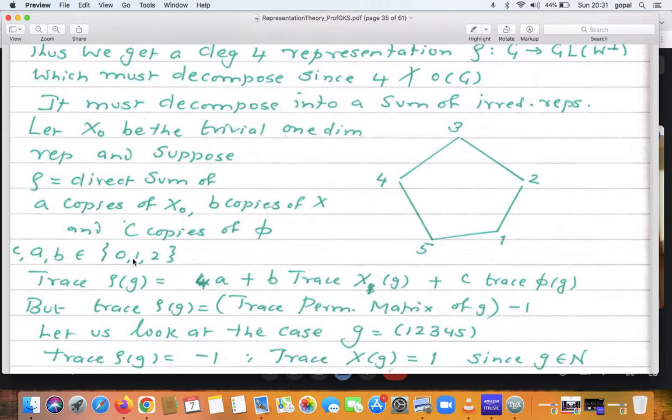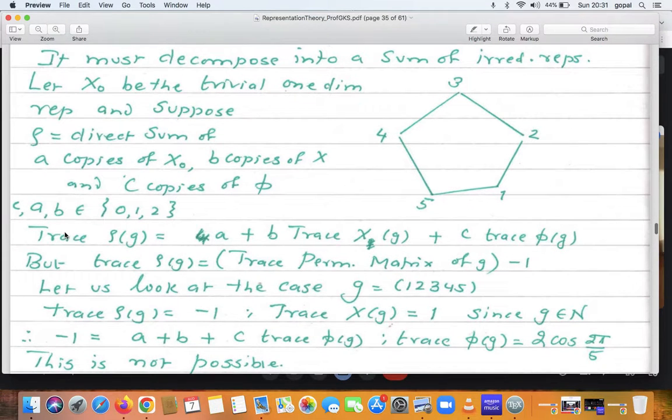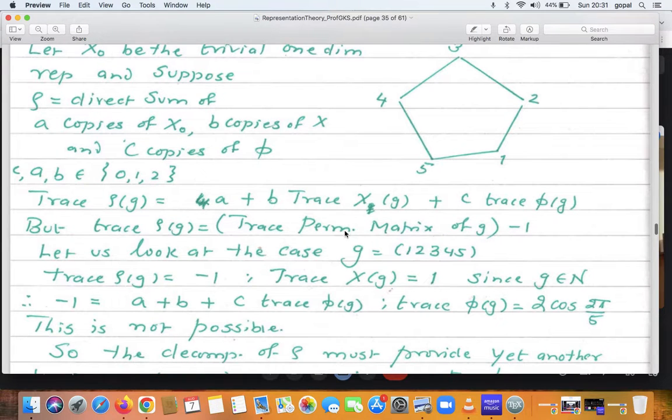A, B, C can be 0, 1, or 2 because the dimensions have to add up. Now you calculate the trace of rho(g): A times the trace of chi naught, which is trivial, so A; B times the trace of chi(g); C times the trace of phi(g). But the trace of a permutation matrix, since you're taking the orthogonal complement, 1 was an eigenvalue, so you have to subtract 1 from the trace of the whole permutation matrix.